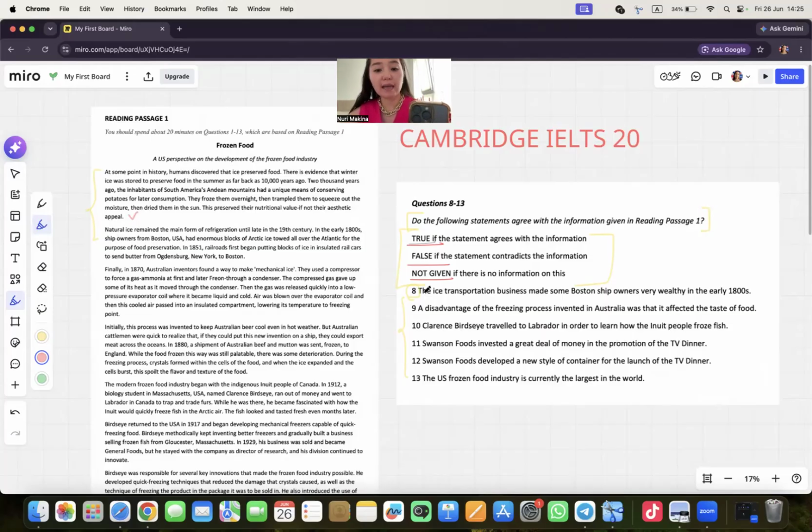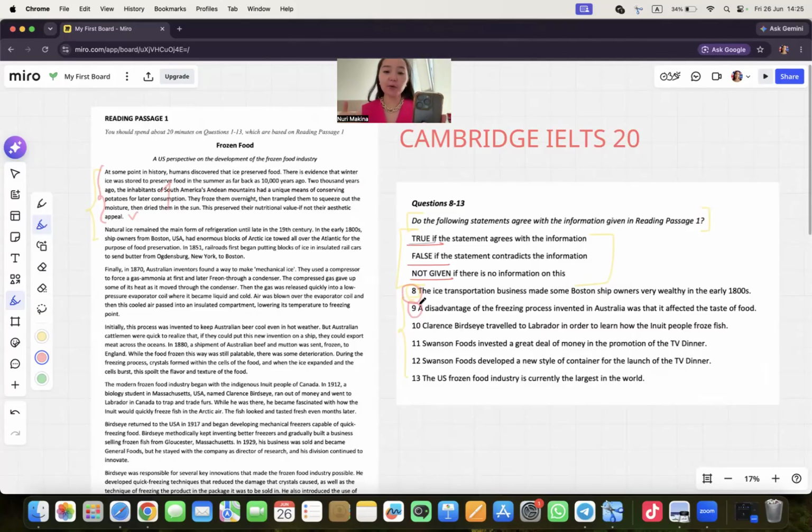If the eighth answer was found in the first paragraph, you're going to jump into the second paragraph. The ninth question's answer might be in the second paragraph, in the third paragraph. So you don't have to read one paragraph over and over again to find answers, okay?